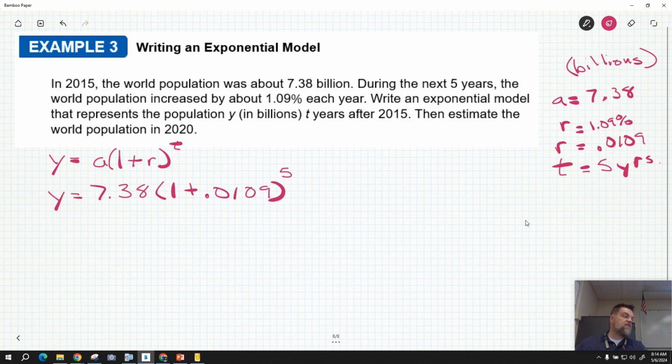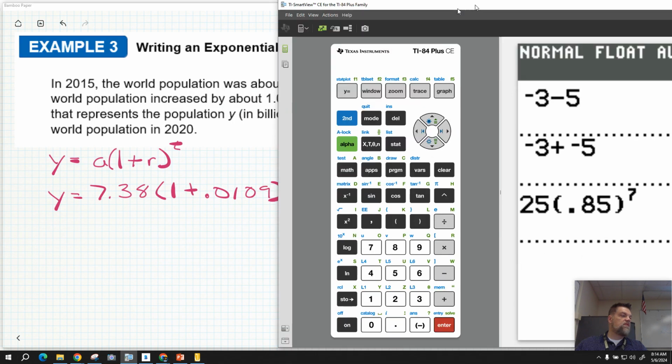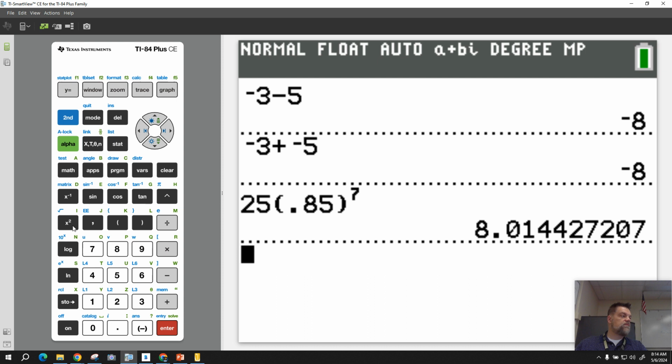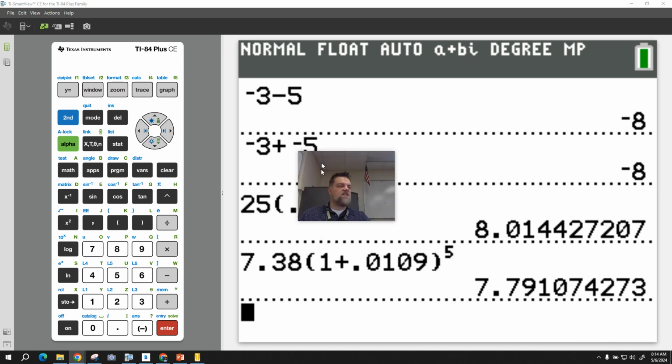Well, how do I find that answer? I just plug it in the calculator. That's it, really, truthfully. 7.38 times, oops, not 9. That changes the whole thing. Times 1 plus 0.0109 raised to the 5. And let me move my face out of the way.